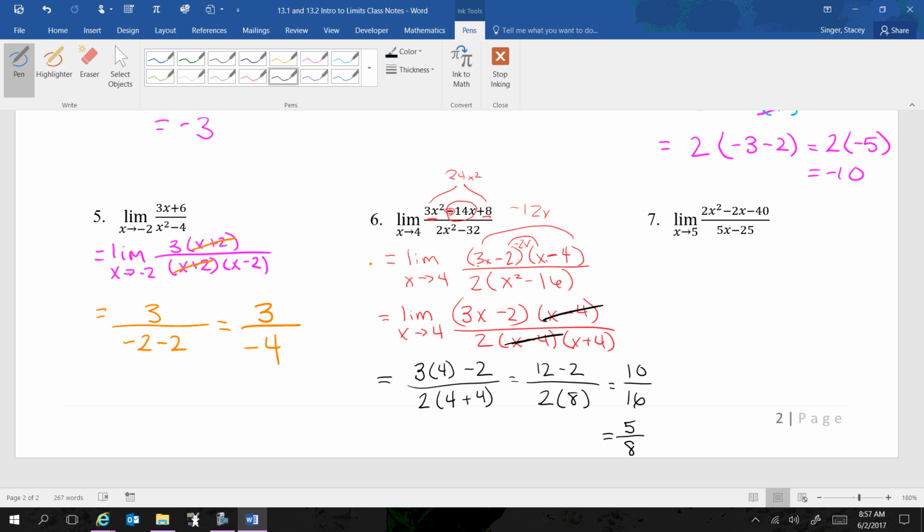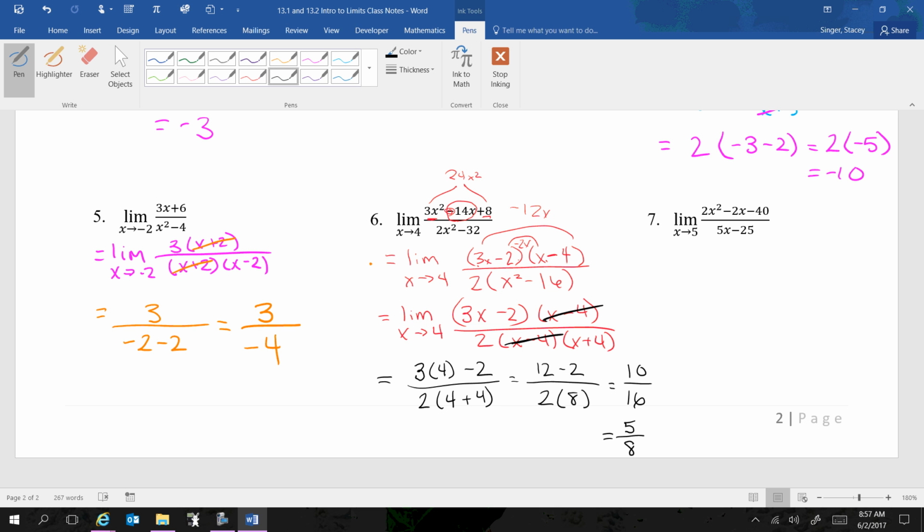When you reduce, if you got 10 over 16, it reduces by 2. I don't have any more room. You'll survive. Alright, last one.